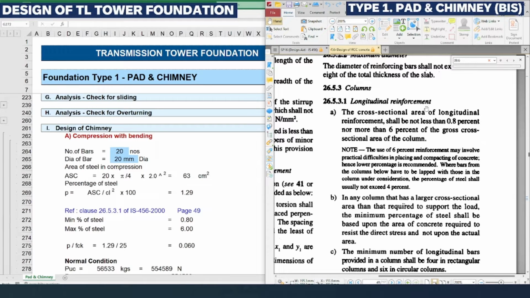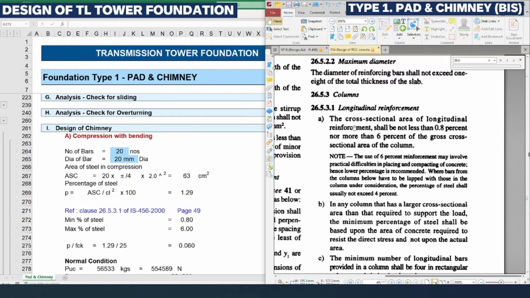Clause 26.5.3.1, longitudinal reinforcement for columns, states that the cross sectional area of longitudinal reinforcement shall not be less than 0.8% nor more than 6%. So here you can see the minimum percentage is 0.8 and the maximum is 6.